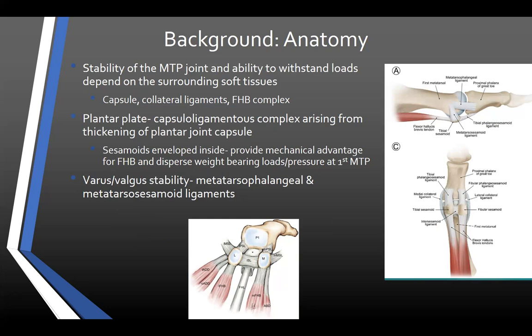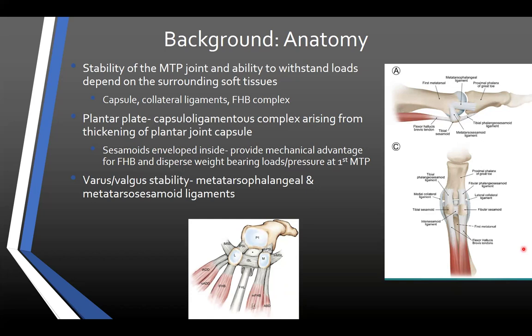The plantar plate is really the primary stabilizer during dorsiflexion, and it's a thickening of the plantar joint capsule itself that attaches to the base of the proximal phalanx, and it comes up proximally and begins to envelop the sesamoids and the tendons of the flexor hallucis brevis. And these all come together to form one continuous unit called the capsuloligamentous complex. Further stability is given by the intersesamoid ligaments between the two sesamoid bones, as well as phalangeosesamoid ligaments.